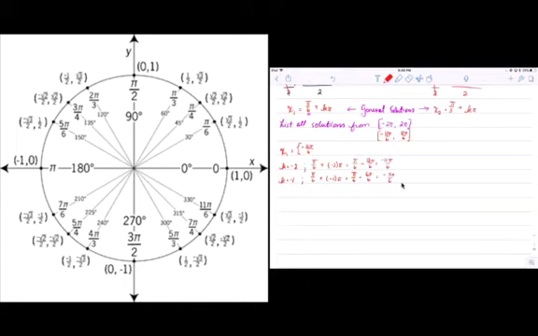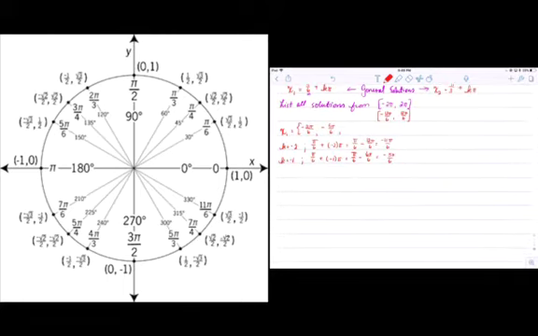Is negative 5 pi over 6 in this domain? Yes. So the next solution is negative 5 pi over 6. Next, k equal to 0. We have pi over 6 plus 0 times pi, which is pi over 6. Is pi over 6 in this domain? Yes. So pi over 6 is another solution.